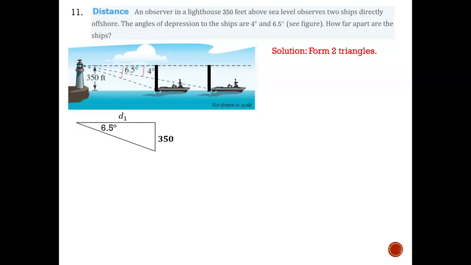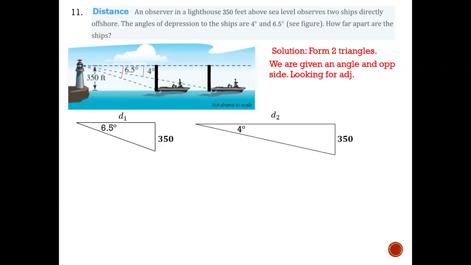Let's get our second angle. Our second triangle still has a height of 350 feet, but our new angle here is 4 degrees, and what we want to find now is this distance two. Okay. So we're looking at an angle, the opposite side, and the adjacent side. So these are our trigonometric functions. I'm going to use tangent to find D1.